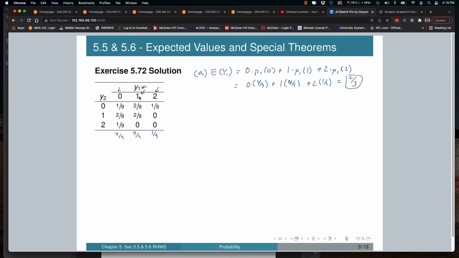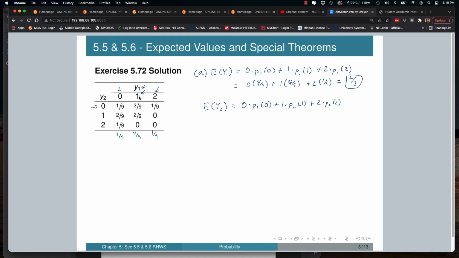All right. I'm going to go ahead and just state this. You can do the same thing with the rows to find the expected value of Y sub 2, which we're going to need in part C anyway. Similarly, you could do this as 0 times p sub 2 of 0 for the random variable Y2 plus 1 times p sub 2 of 1 plus 2 times p sub 2 of 2.